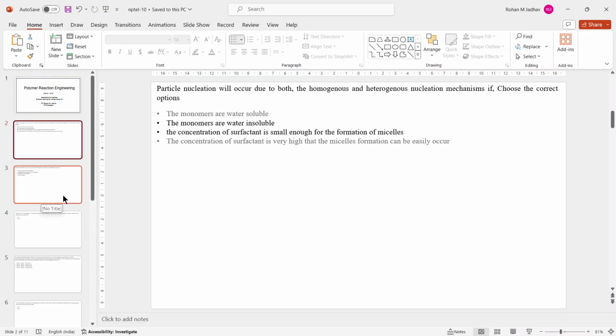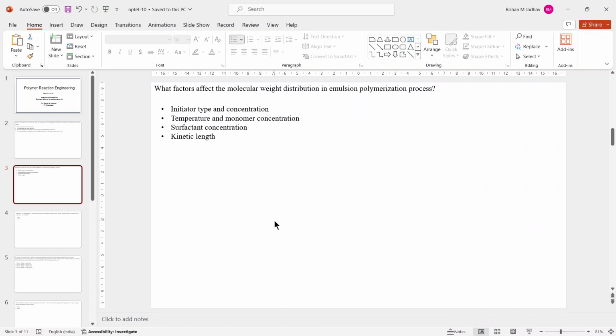We'll move on to the next question. Which factors affect the molecular weight distribution in emulsion polymerization? So now we have the molecular weight distribution. What will affect it?